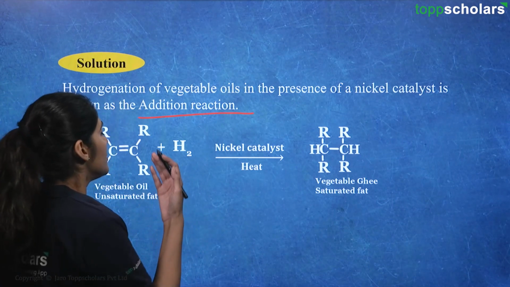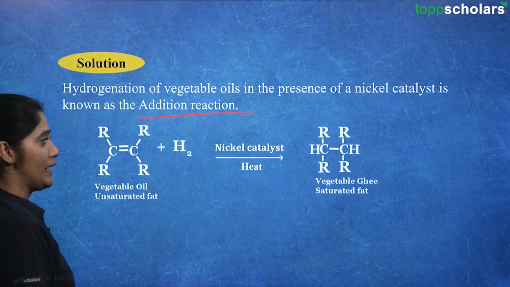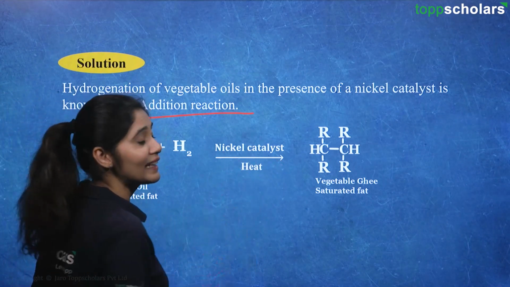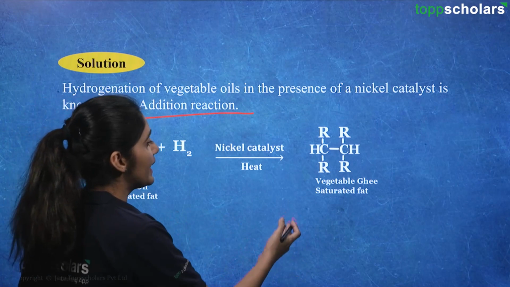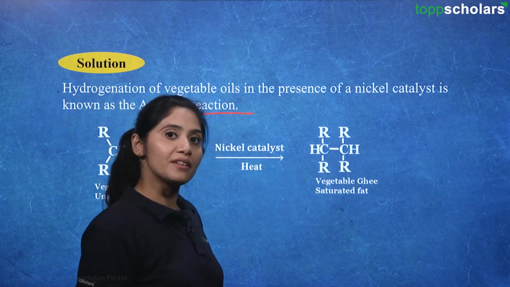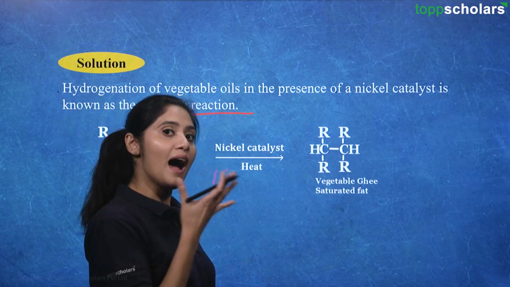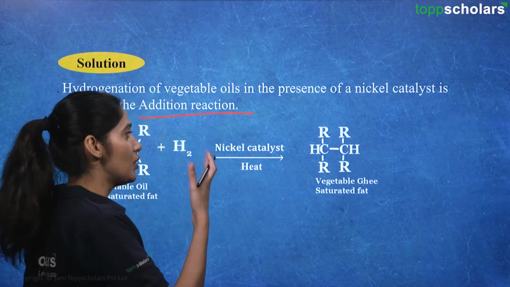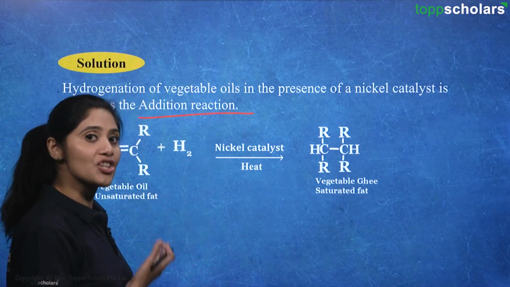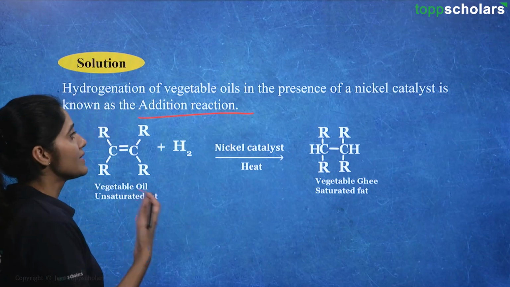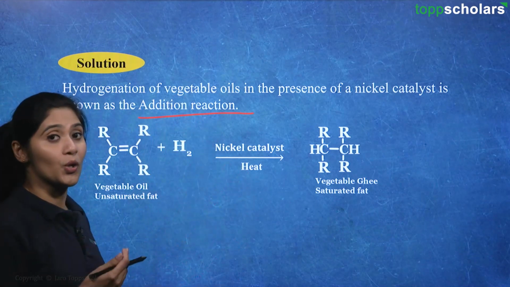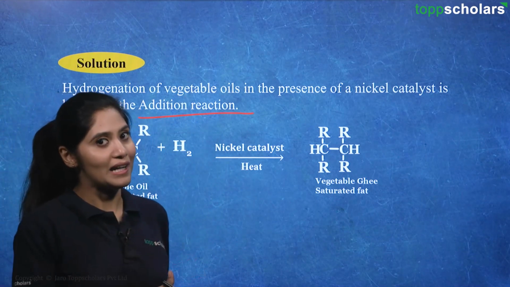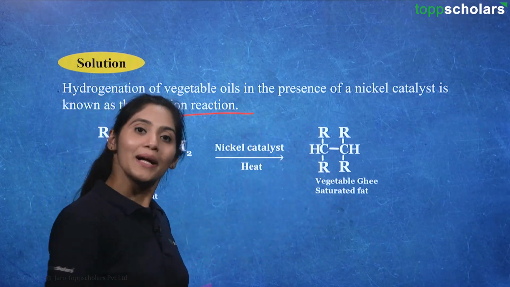When hydrogenation of vegetable oil takes place in the presence of nickel catalyst, we get vegetable ghee or saturated fat. So we have added hydrogen to the vegetable oil. This is a hydrogenation process, or an addition reaction, because there is an addition of hydrogen in this particular compound, right?